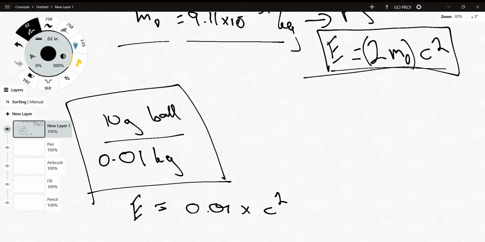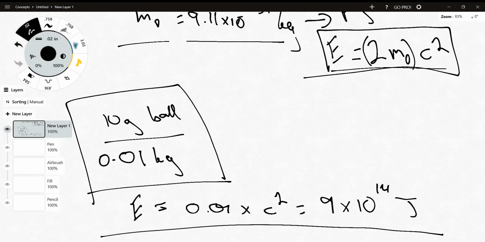This tiny 10-gram marble has, do you know how many joules of energy? 0.01 times 3 times 10 to the 8th, squared, is 9 times 10 to the 14 joules of energy. That is a ridiculous amount of energy in a 10-gram marble.